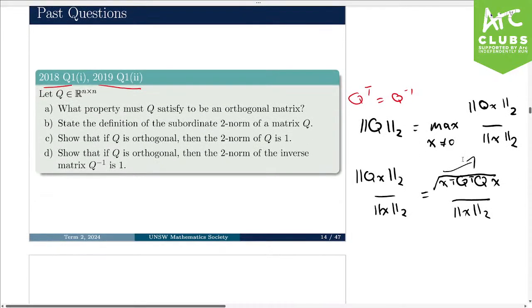And then since Q is orthogonal, Q transpose Q just becomes the identity.